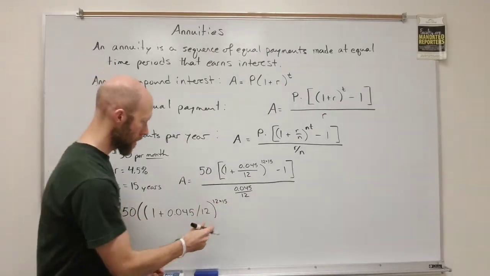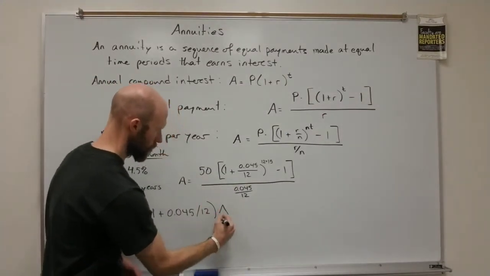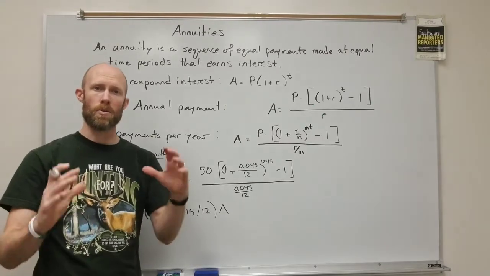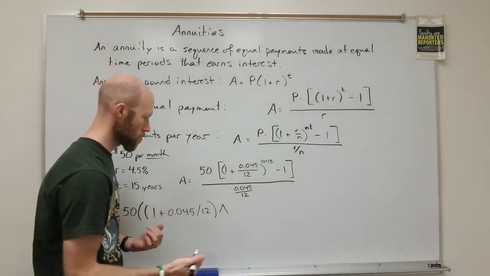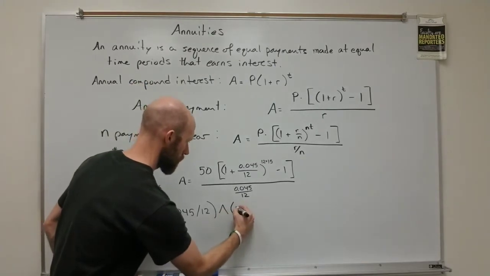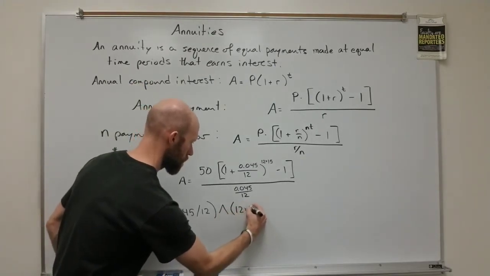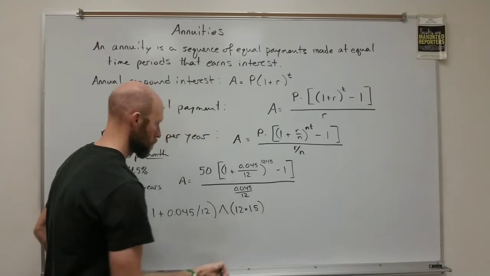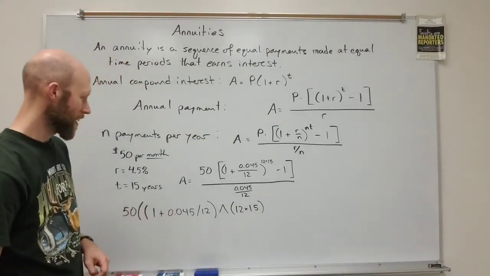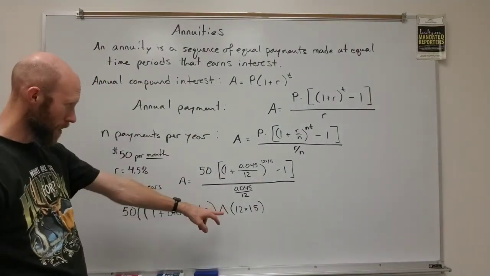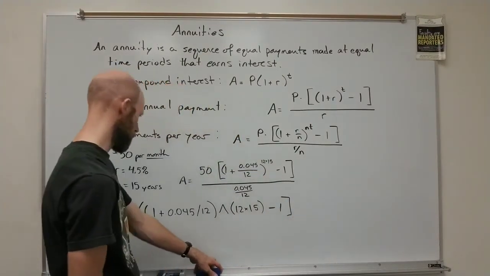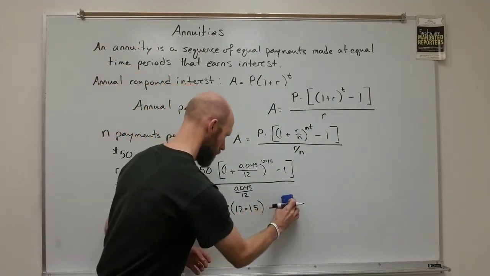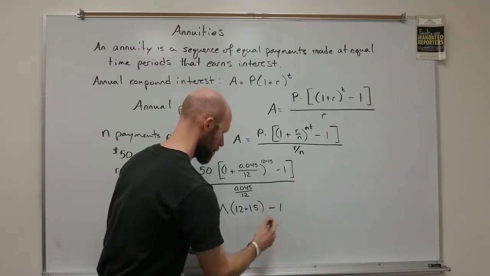Some of you will have calculators instead that put a little caret in there, in which case you want to surround that 12 times 15 by a set of parentheses. So it just depends on really the age of your calculator. So that's my exponent. Then we subtract off the 1. Oh, I don't want a bracket. I'm going to go parenthesis on the calculator there.